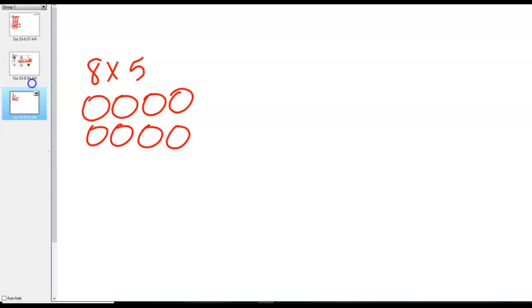Okay, and I'm not going to draw the dots. Just this time I'm just going to put a 5 inside. Especially since I know I can count by 5s. Okay, now let's count together. Ready? 5, 10, 15, 20, 25, 30, 35, 40. I did 8 skips and I stopped at 40.